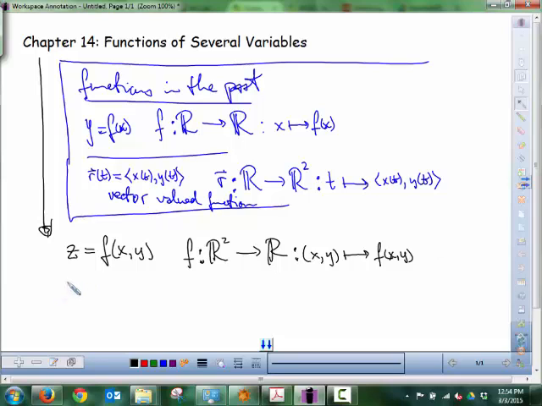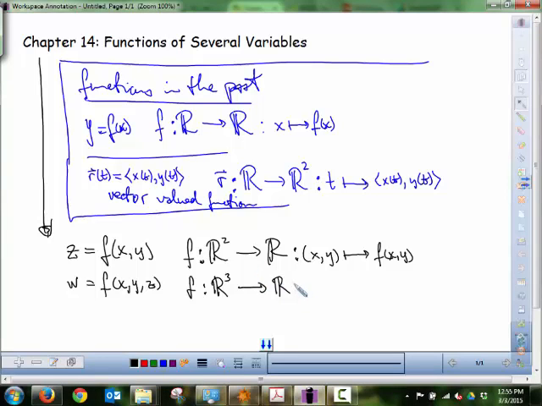In fact, sometimes we might extend this to another dimension where you look at it as a function of 3 variables, and in this case your function takes in an x, a y, and a z, so something from R3, and then it outputs w, which is just a scalar.